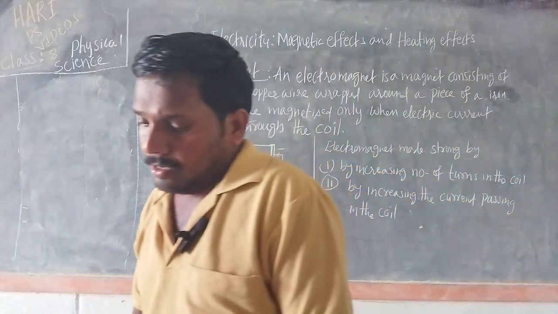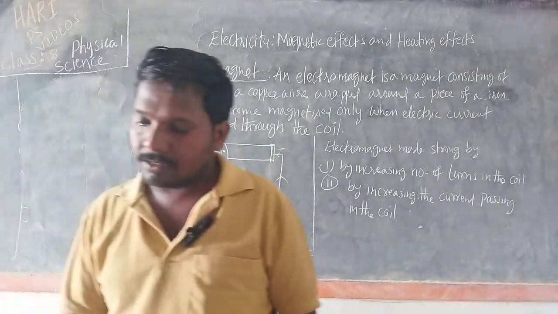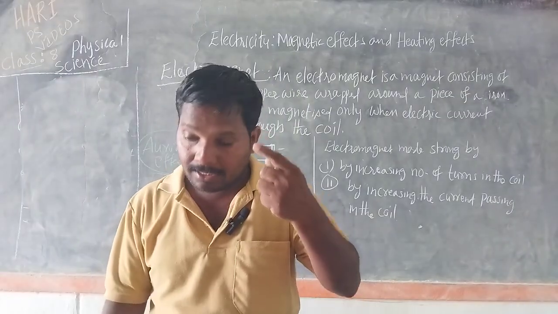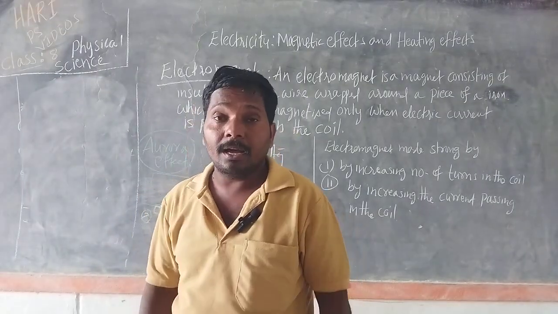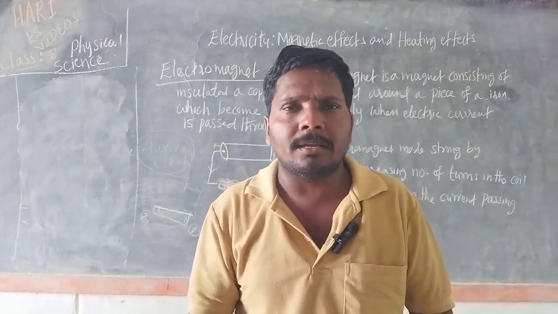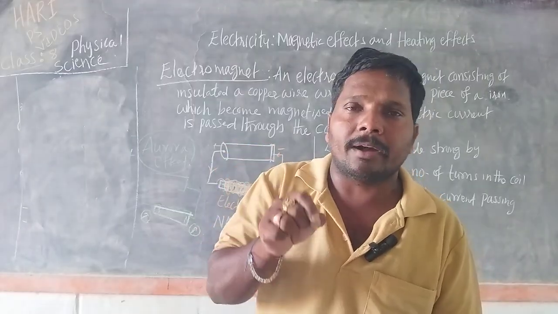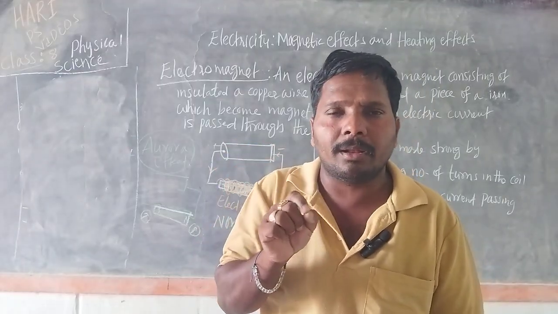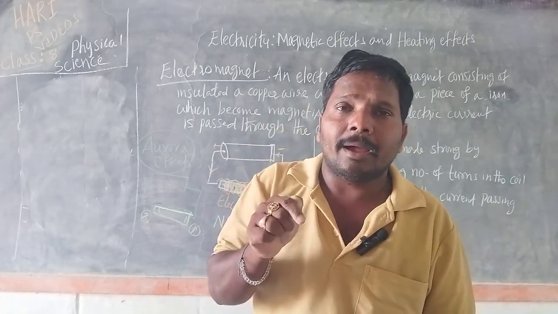Electromagnets are used by doctors to remove tiny particles from the eyes of a person. A small electromagnet is arranged: a small needle containing a small piece of iron is connected, and current is passed through it, so it acts as a magnet.